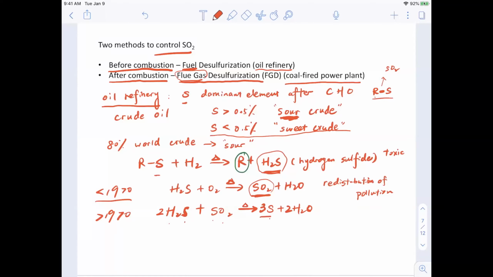Okay. And sulfur is a very important commodity. Okay. It has very wide applications. For example, gunpowder. Okay. Fireworks. That's why, let's say during July 4th, after the fireworks finish, you can smell that sour type of smell, right? And those are the sulfur dioxide coming out of the fireworks.